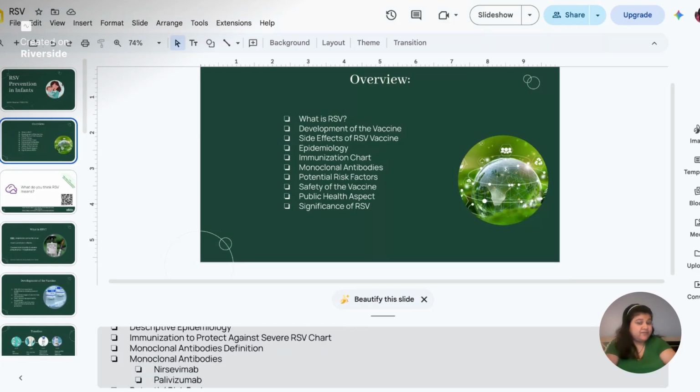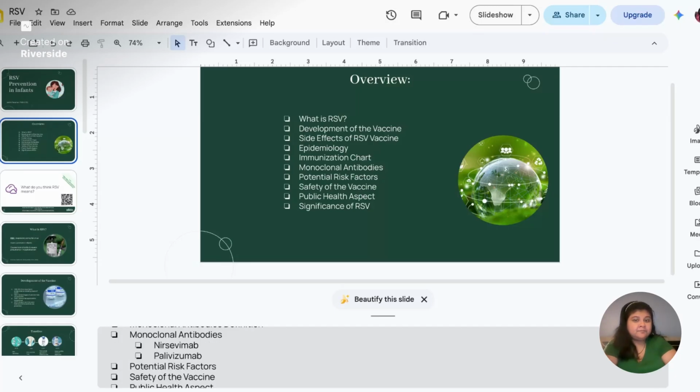I've also defined what monoclonal antibodies are. There are two monoclonal antibodies, which are nirsevimab and pelareorep.